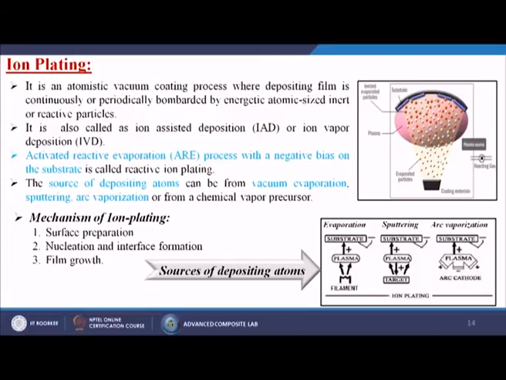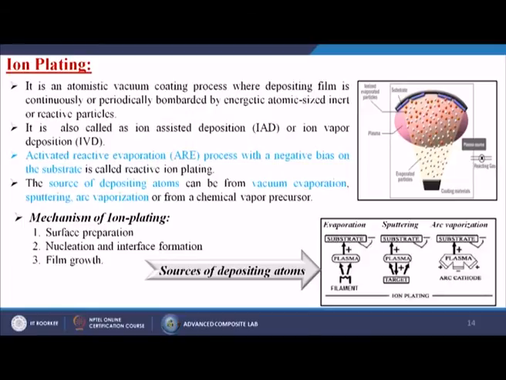So, here is the source of depositing atoms. First, in the evaporation technique you have the substrate, you use a certain kind of plasma, you have the filament, and then the material is deposited directly on top of the substrate. But here you are using a certain kind of target material. That target material forms a plasma, that plasma hits the target material, and then some atoms or molecules go directly and deposit onto the substrate.